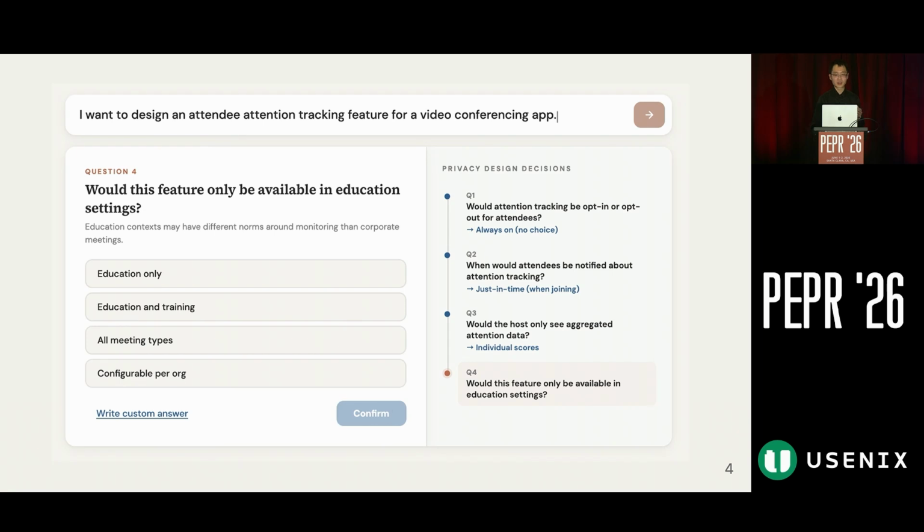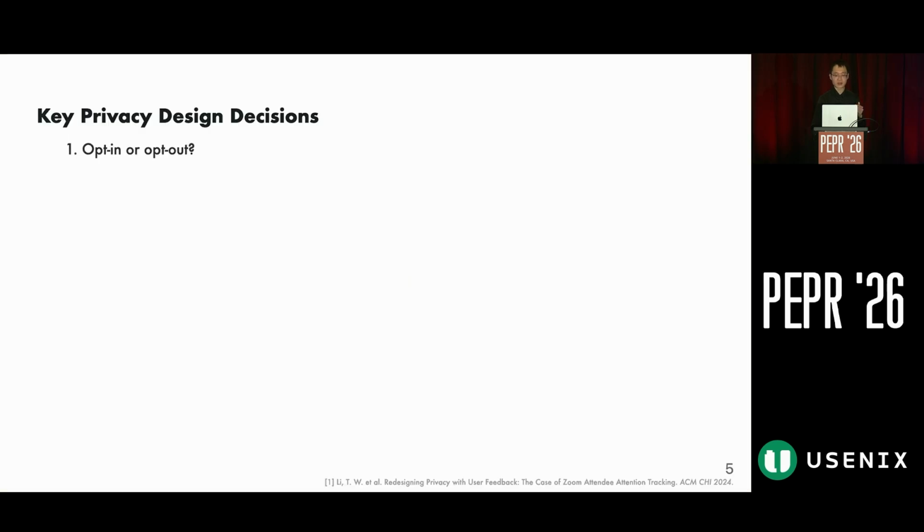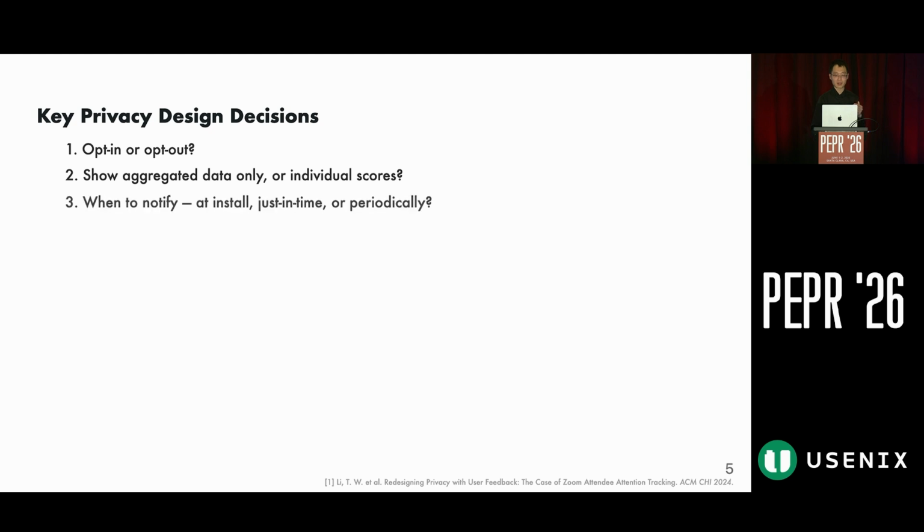Initially, Zoom wanted to apply this feature to K-12 education scenarios. So another question is whether this feature will only be applied in education scenarios, or whether it can also apply in office settings.